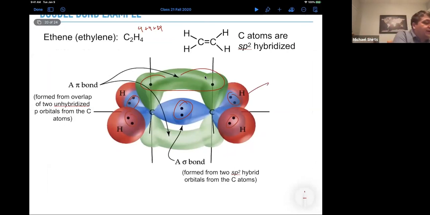Either a sigma bond between the s and the sp2, or sigma bonds created by the overlap of the sp2 orbitals of the carbons, or the p-p overlap to create a pi bond of the two carbons. So that is an example of the molecular orbitals resulting in sigma and pi bonds that result from the combinations of the atomic orbitals.